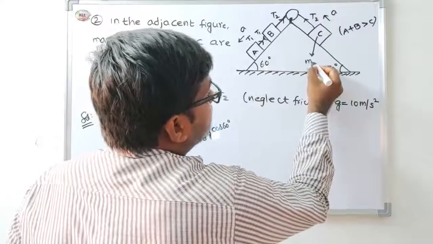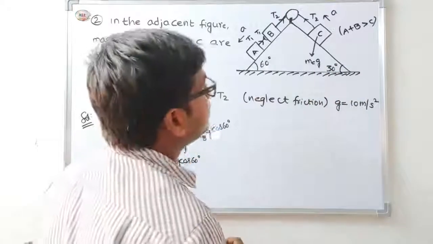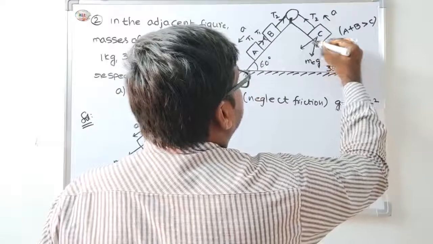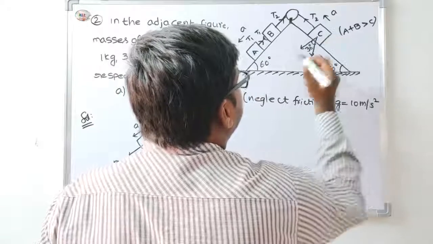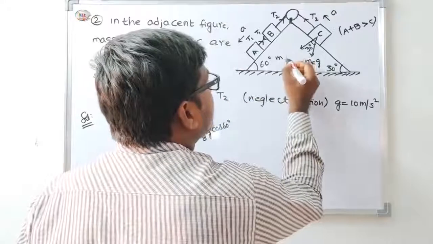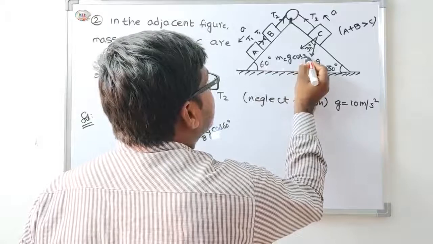So next to another side, block C, this is MCG acting downward direction, so making an angle 30 degrees. First take a horizontal direction, MCG cos 30.